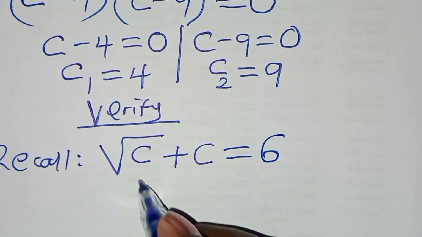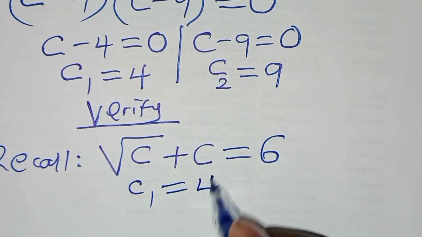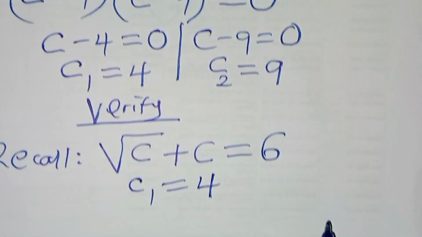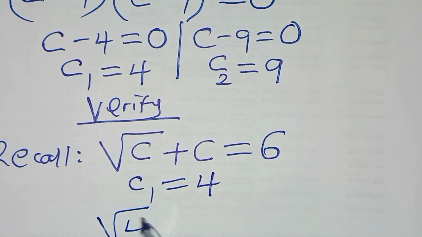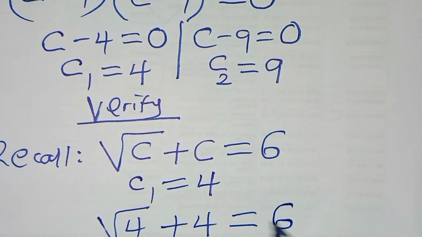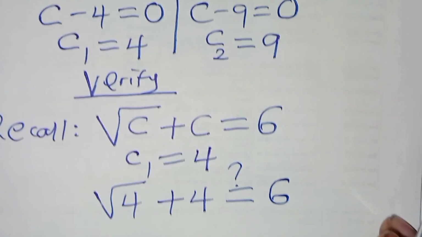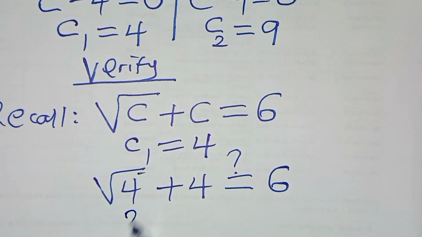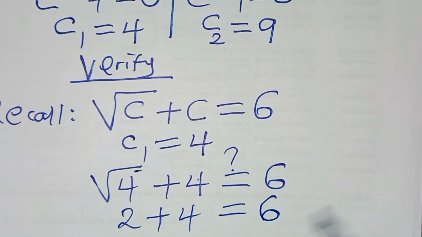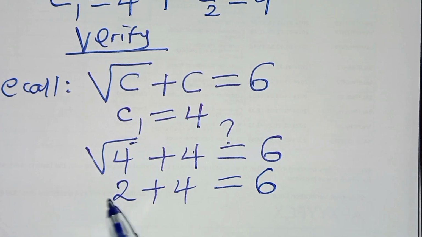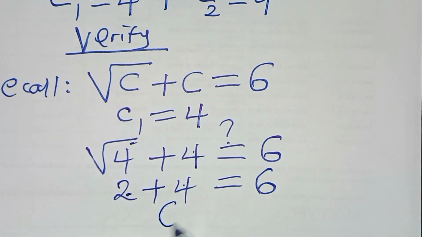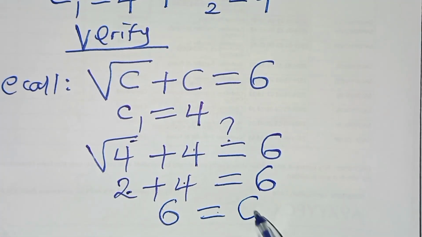So substituting c1, which is equal to 4, we have the square root of 4 plus 4. This should give us a value of 6. Let's check if this is true. Square root of 4 here is 2, plus 4. This is equal to 6. It's true that 2 plus 4 is equal to 6.